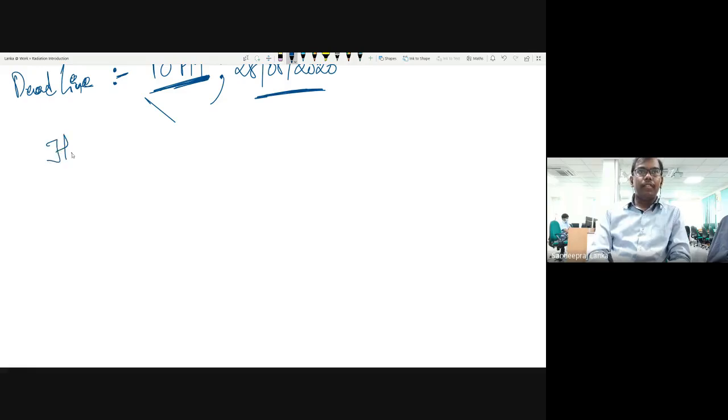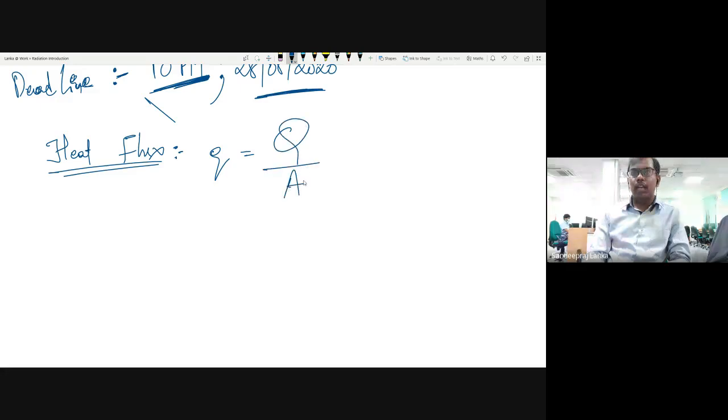The first one is heat flux. You must know what heat flux is. Heat flux is shown with small q, which is actually Q by A, and it is measured in watt per meter square. So it is nothing but heat transfer per unit area. Heat transfer taken upon unit area is called heat flux.